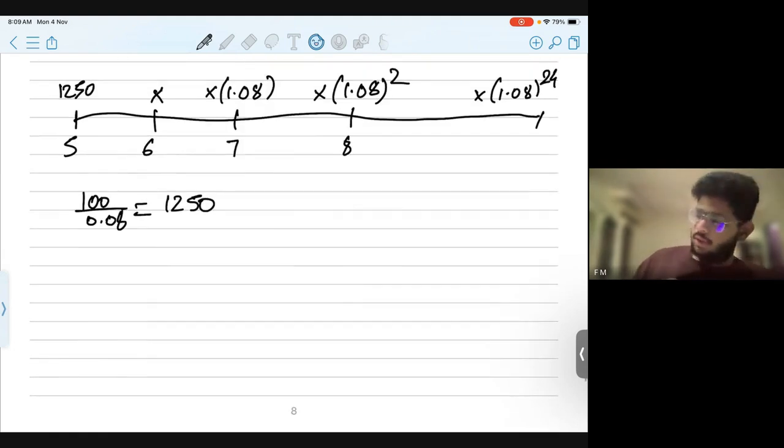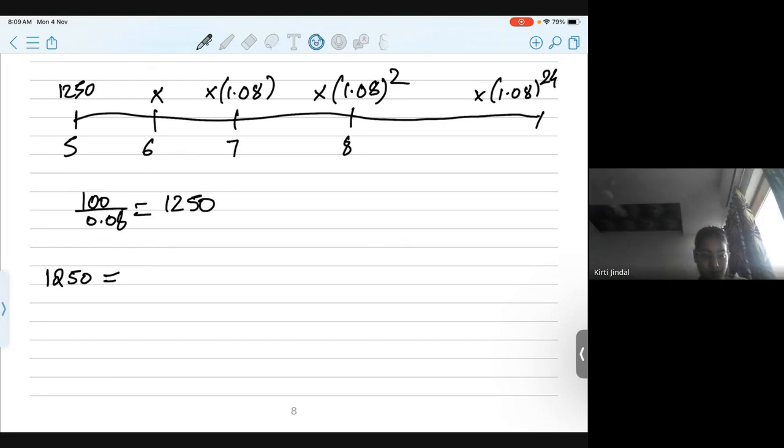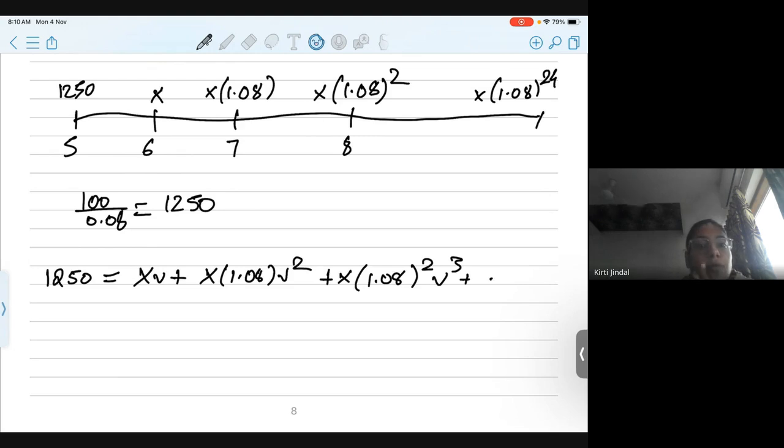So now what will the equation of value look like? 1250. Okay, we can keep 1250 as a present value at 5 years. Then it will be Xv plus X 1.08 v squared, then X 1.08 squared v cubed, up till X 1.08 to the 24 v 25.